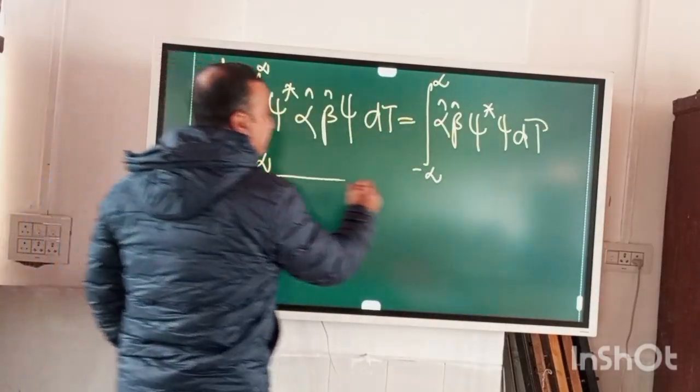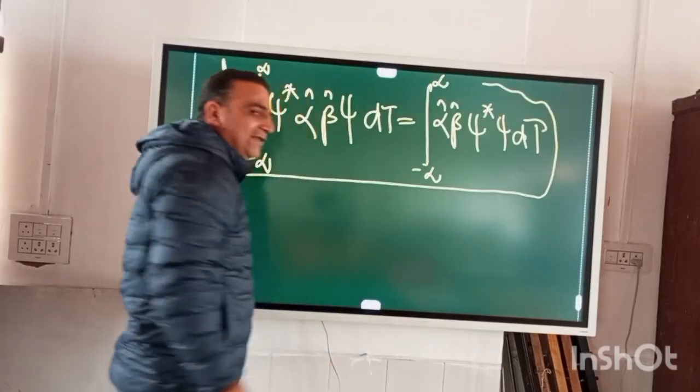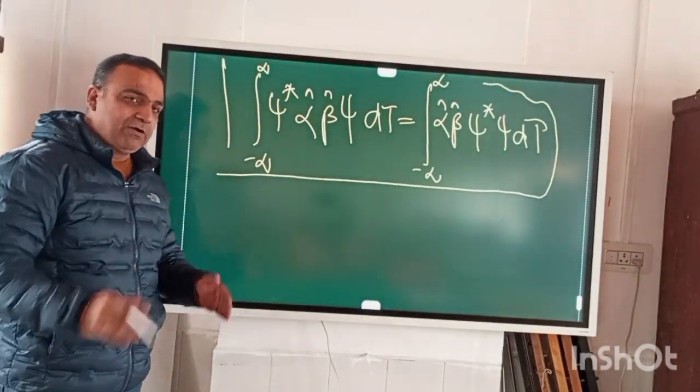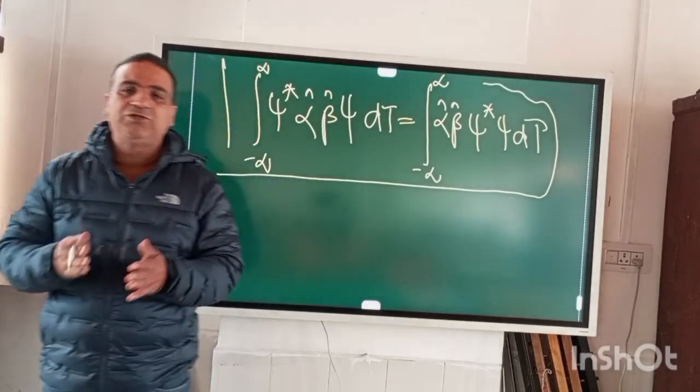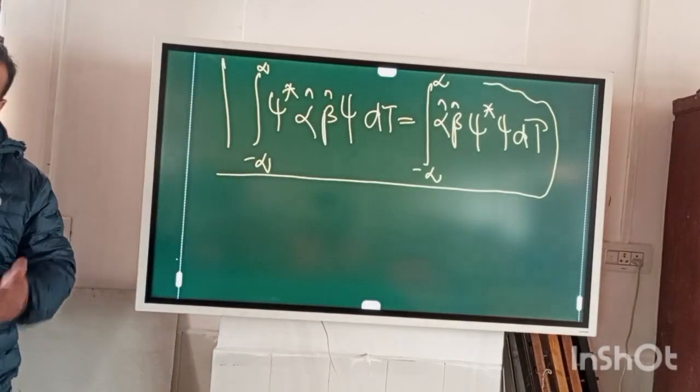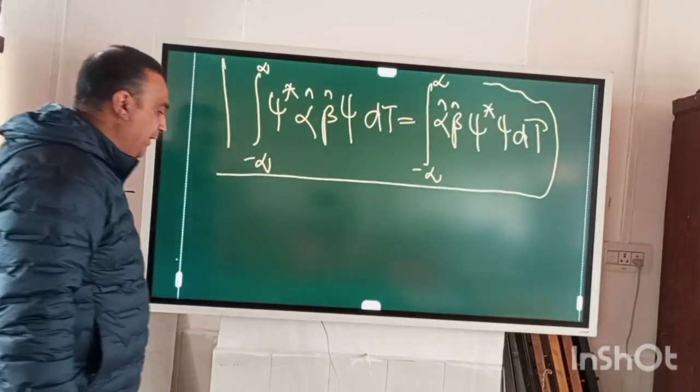So this equation proves mathematically that these two operators, which are independently Hermitian operators, if you take the product of these two Hermitian operators, their product is also a Hermitian operator.